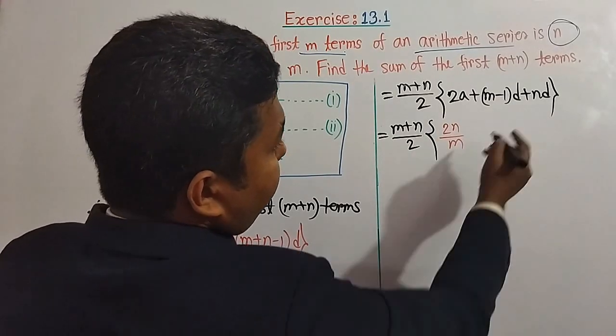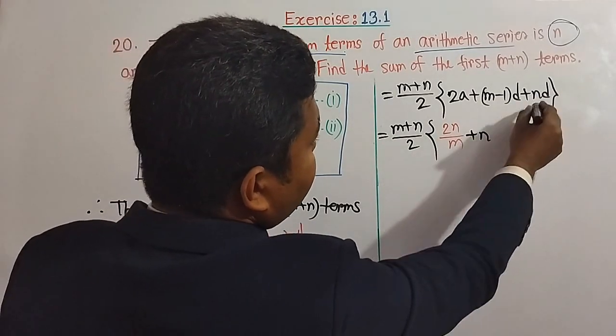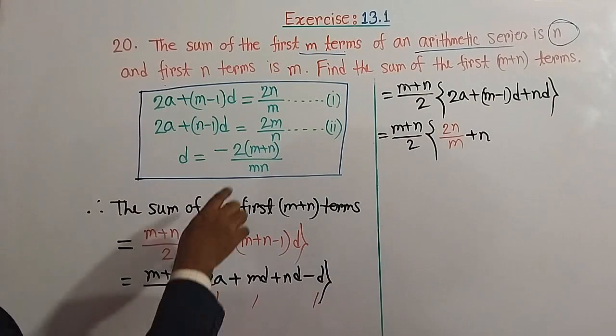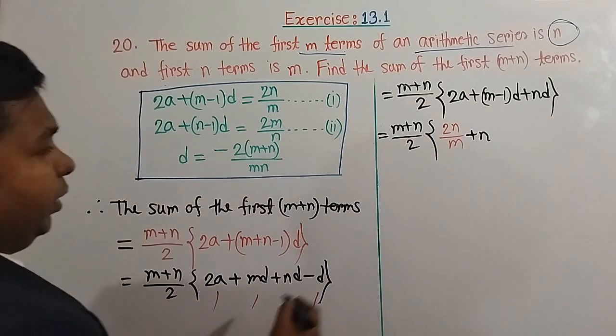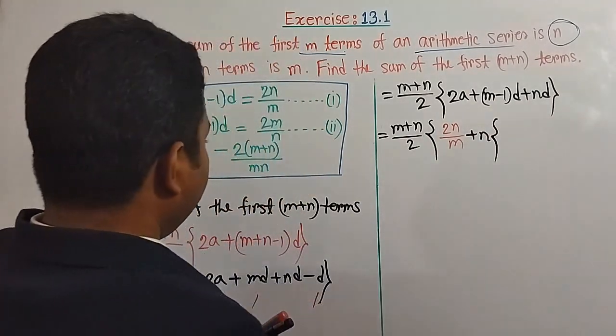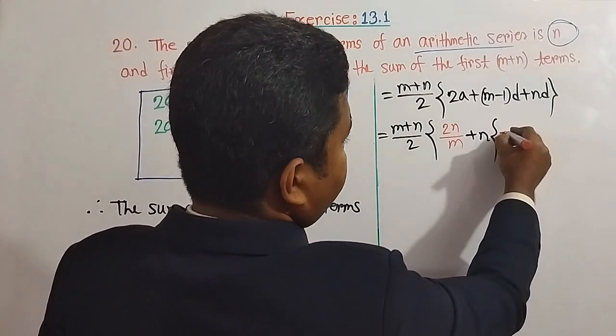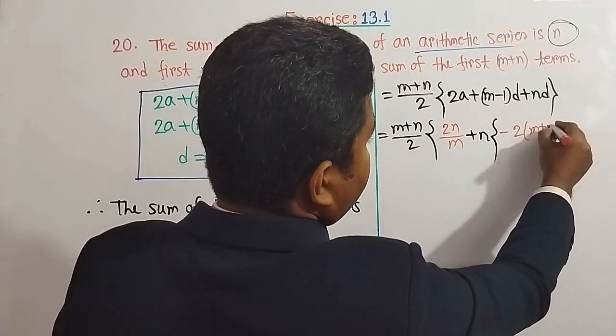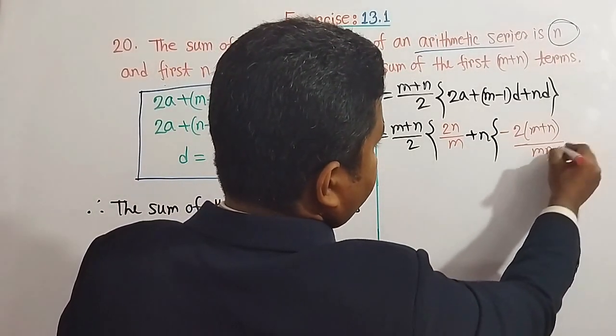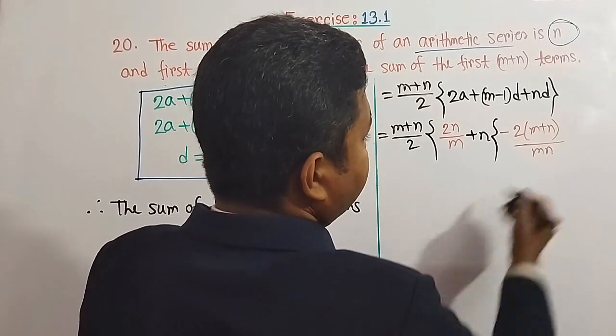Then here plus nd, so plus n into d, the value of d is this one, so we can write here minus 2 into (m + n)/(mn), which is the value of d.